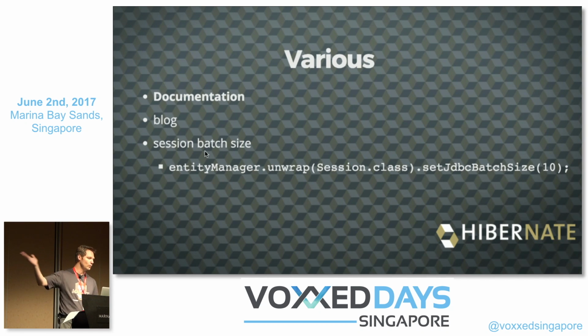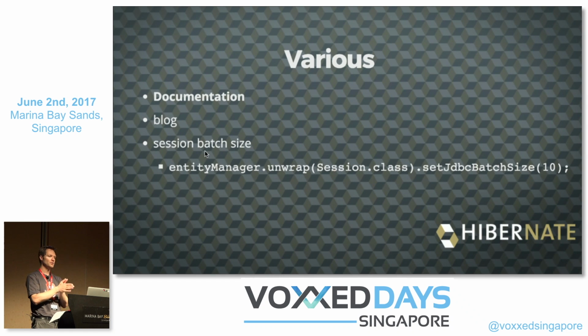And just randomly, one of the additional features that we did recently is the way to set the batch size on a per session basis. So batch size is very important because instead of doing, say, one update and going back and forth to the database, we can batch updates for the same table, like in this case batches of 10, and just do way less interaction with the database.